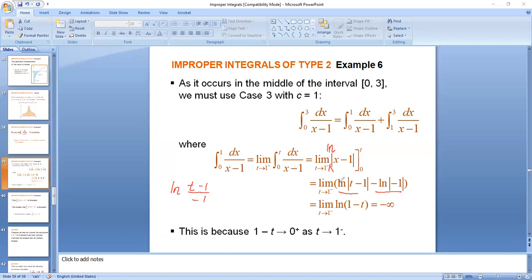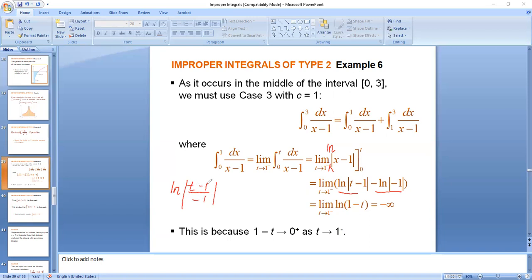It's the property of ln. So ln of t minus 1 over negative 1 could be written as ln of t minus 1 minus ln of negative 1. In the same way that if you have multiplication, it's addition of ln's. So if you have subtraction, it's division of the arguments.